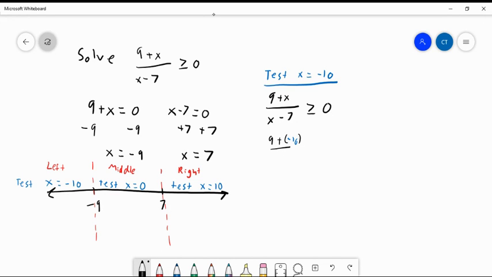The numerator is 9 plus negative 10. The denominator is negative 10 minus 7. If we simplify this, we end up with negative 1 divided by negative 17. A negative divided by a negative is a positive, and we're wondering, is 1/17 greater than or equal to 0? Yes, positive 1/17 is greater than or equal to 0. This statement is true.